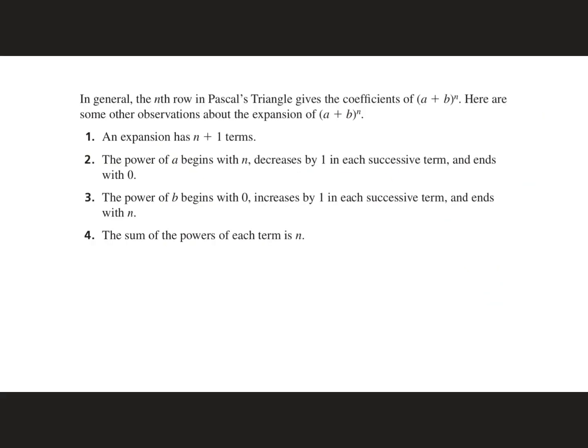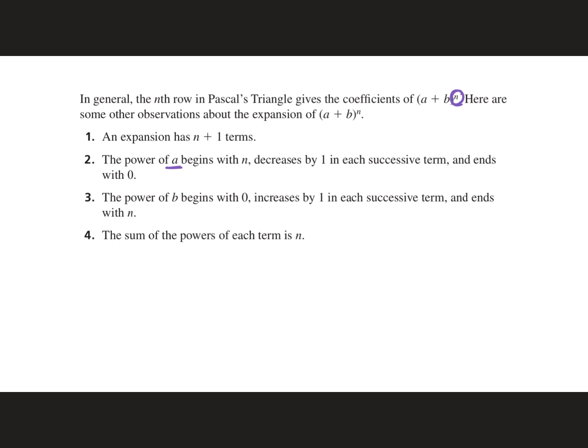All right. So when we are using Pascal's triangle to solve, the power of A begins with n, and decreases by 1 each term that we have and ends with 0. So whatever our exponent is, that's the power that our A starts with.